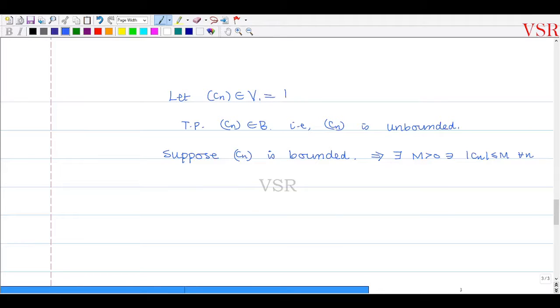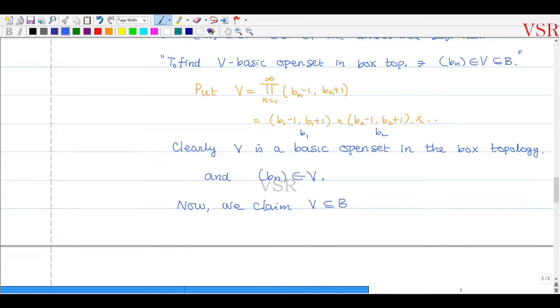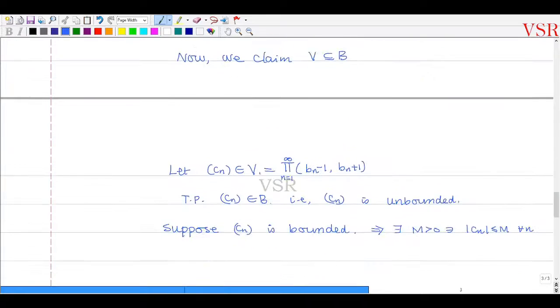This is a product of all n equal to 1 to infinity, that is Bn minus 1 comma Bn plus 1 னு கொடுத்திருக்கேன், where B ங்கிறது நான் ஃபிக்ஸ் பண்ணியிருக்கிற எலிமெண்ட். கரெக்ட்டா? B1 minus 1 comma B1 plus 1 cross B2 minus 1 comma B2 plus 1 cross அப்படி போய்கிட்டே இருக்கு. So we are having this condition.